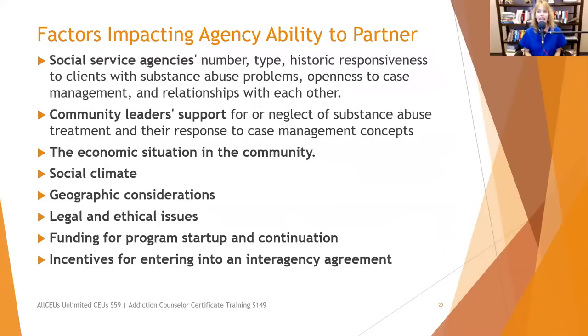Factors impacting agency ability to partner. Social services agencies: number, type, historic responsiveness to clients with substance abuse problems, their openness to case management, and their relationships with each other. If there's only one social service agency providing these services in your area, then they may pretty much have to be the one that you partner with.